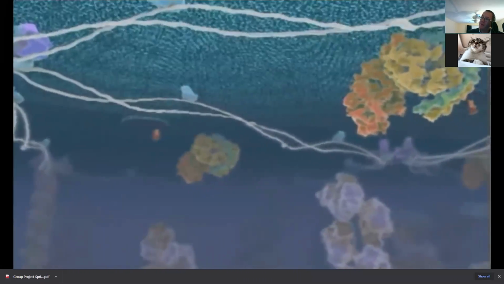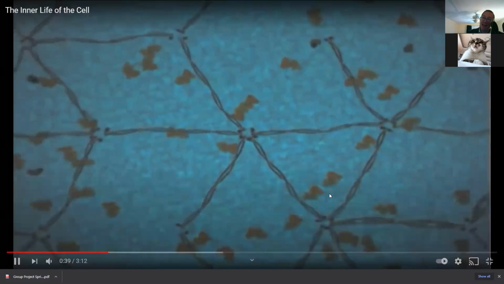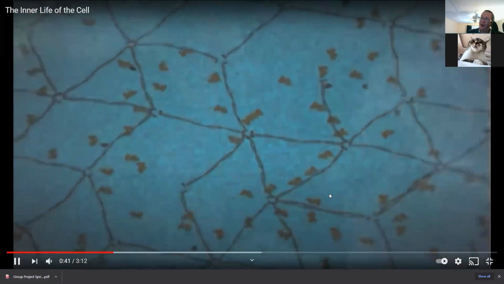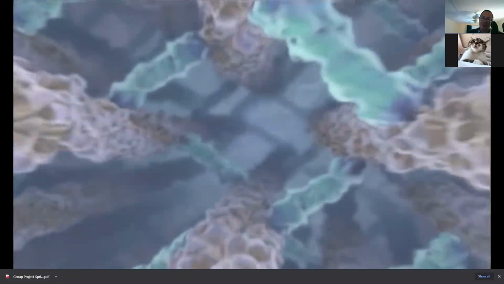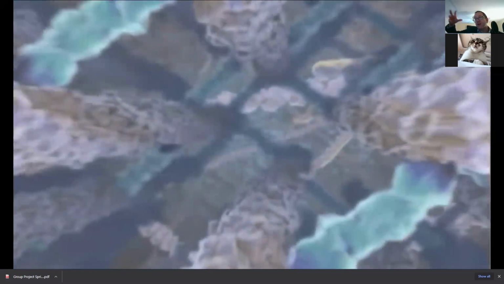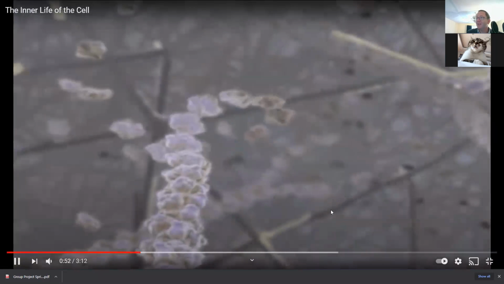So the thing that we're looking for, how do you interpret these data? All of these biological functions are happening, but do they actually look like these structures? It almost looks like they're intelligent when they're doing certain things.